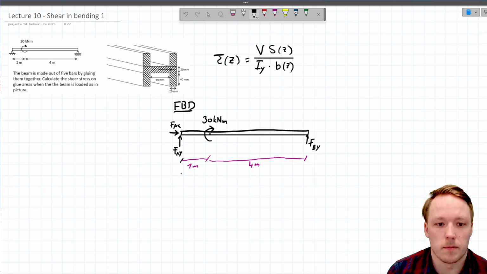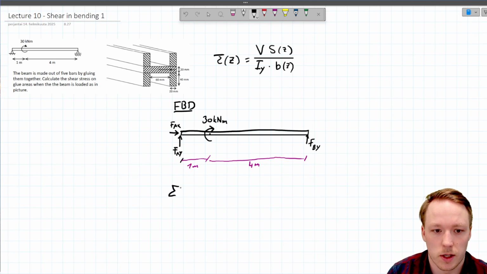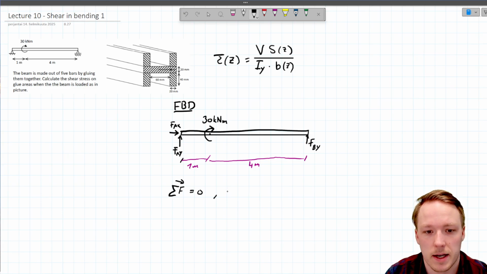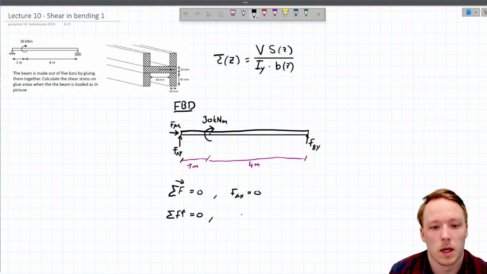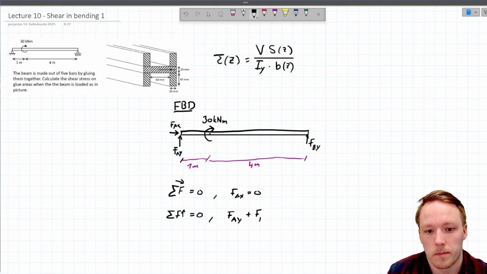So let's do the equilibrium equations first. Equilibrium in horizontal direction is 0. Well, we don't have any other force than the FAX, so FAX equals 0. Then the sum of vertical forces has to be also 0 because this is an equilibrium: FAY plus FBY is 0.